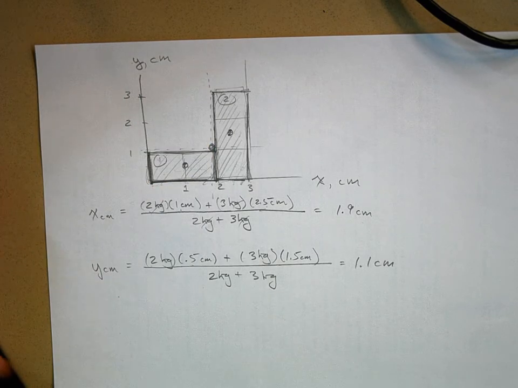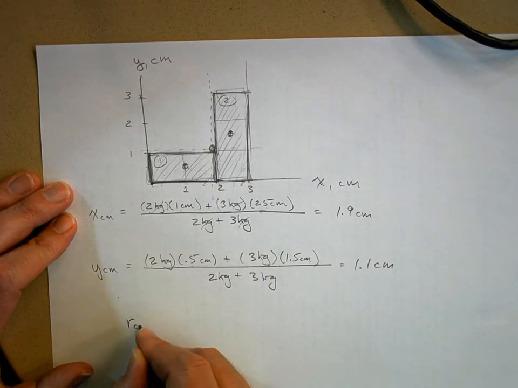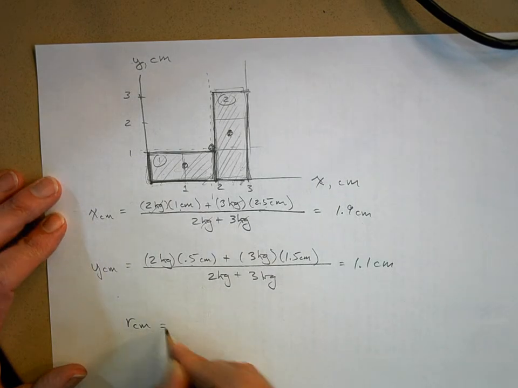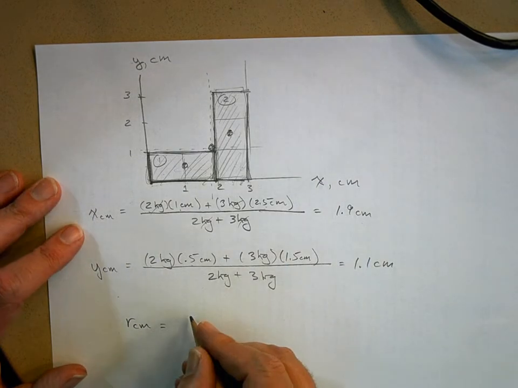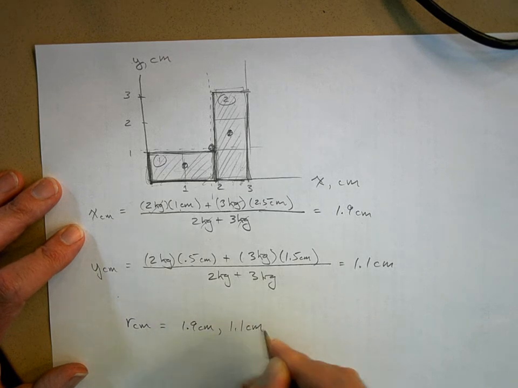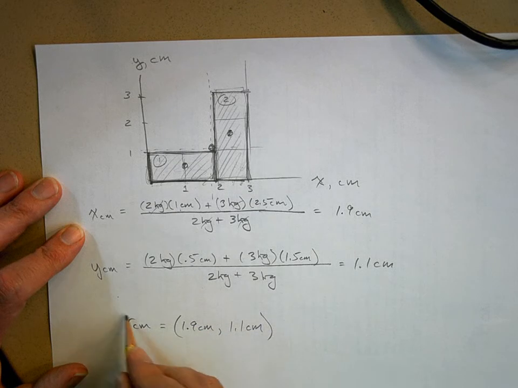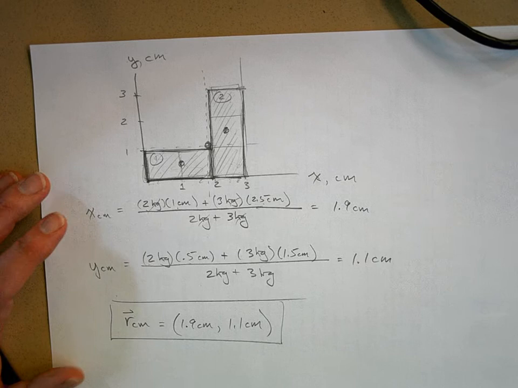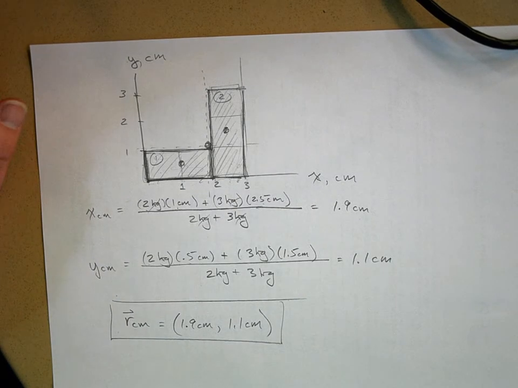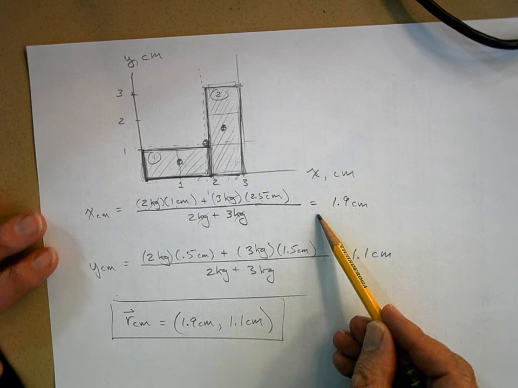So you can say that the location of the center of mass, I'm going to call that R, is equal to 1.9 centimeters in the x direction and 1.1 centimeters in the y direction. So there it is in rectangular coordinates. So it's actually a position. Where is the center of mass?